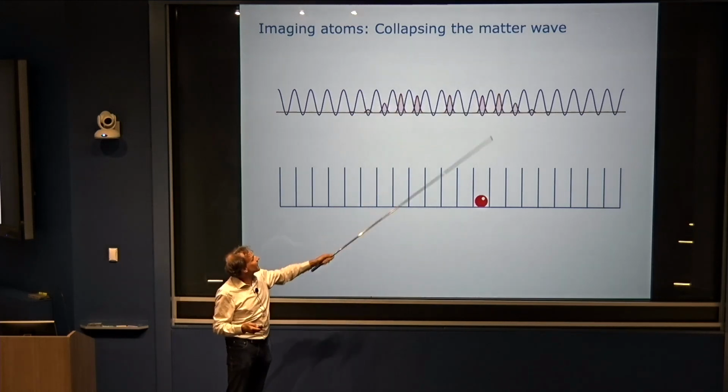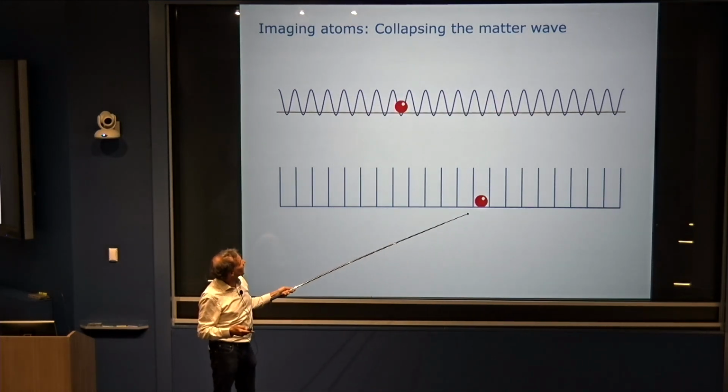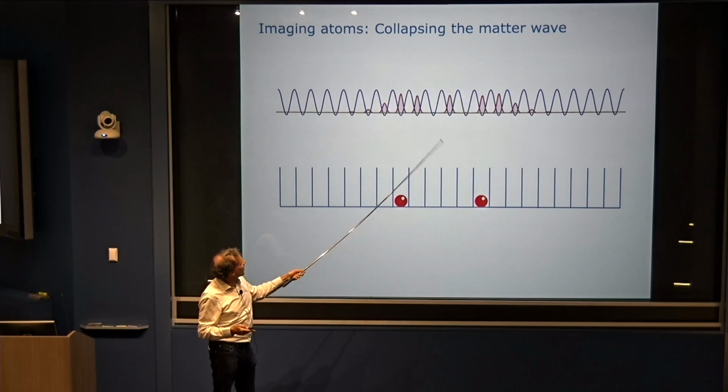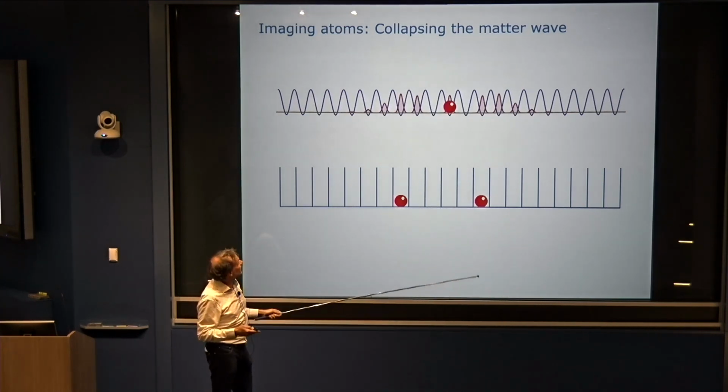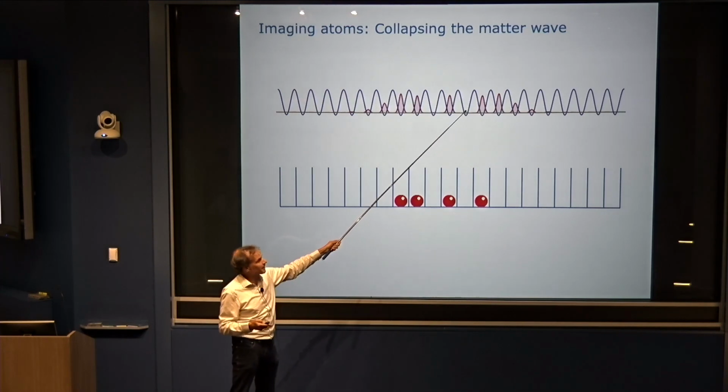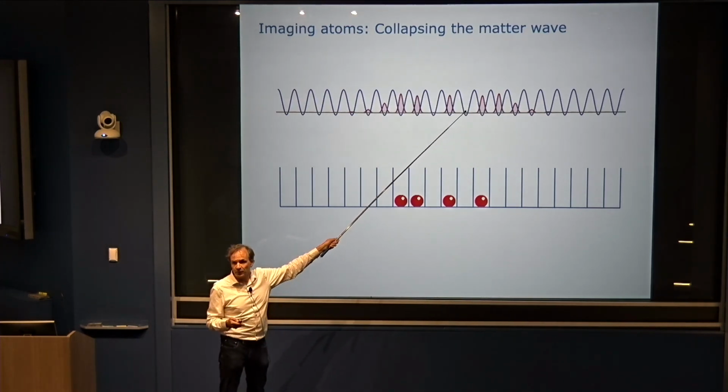But the probability to find it here is proportional to the square of the amplitude of the wave function. So what that means is I can repeat the experiment over and over again, and then I can see how many atoms I find at different locations. And in particular, there are also, for example, some sites where you have destructive interference. Here you will never find a particle.